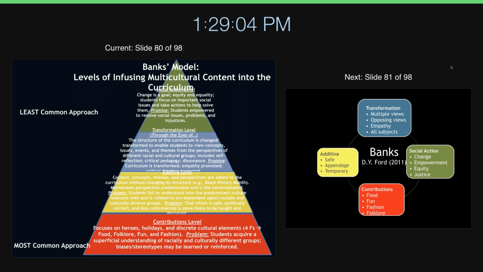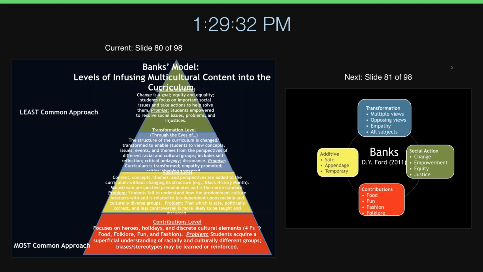The problem is that students acquire a superficial understanding of racially, ethnically, culturally, and linguistically different groups. Another problem is that biases and stereotypes can be, one, learned. We can teach biases and stereotypes at this level, or two, they can be reinforced.